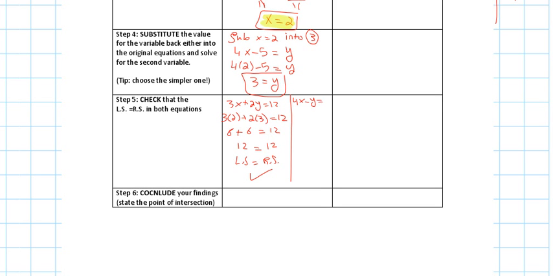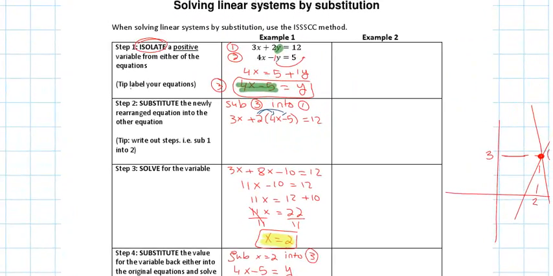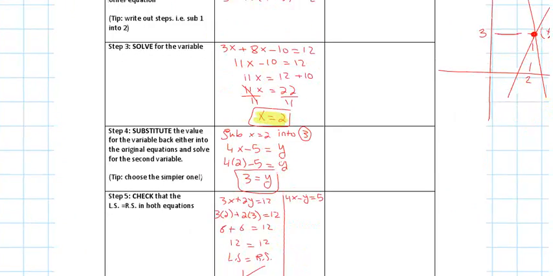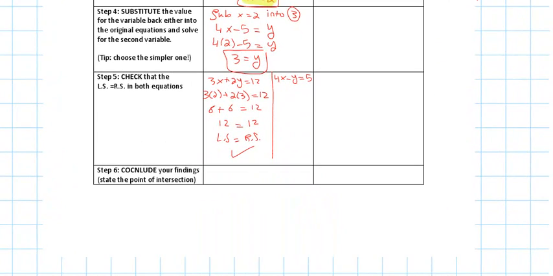I plug in 2 for x, so 4 times 2 minus, for y I'm going to plug in 3, equals to 5. 4 times 2 is 8. 8 minus 3 is 5. So again, my left side is equal to my right side, which is good. So I just proved to myself that my answer is correct.